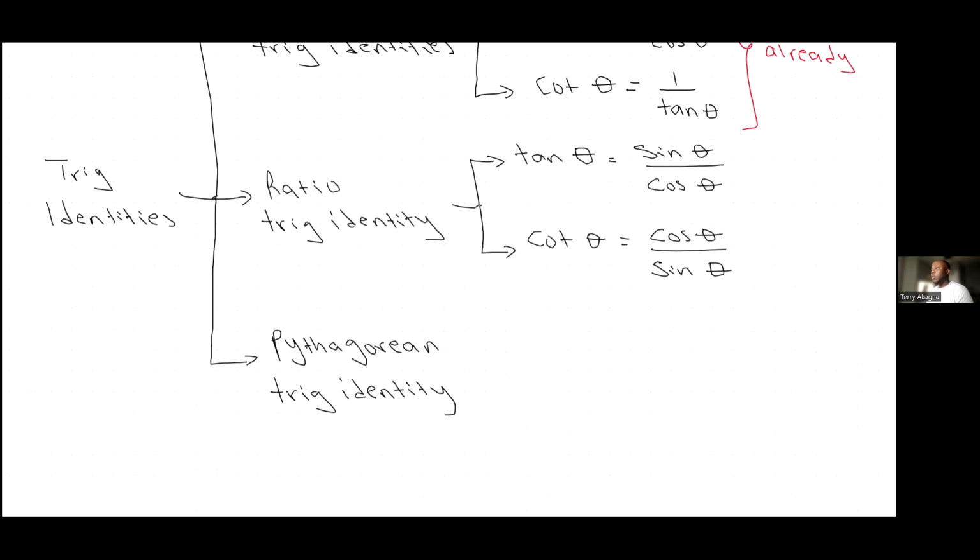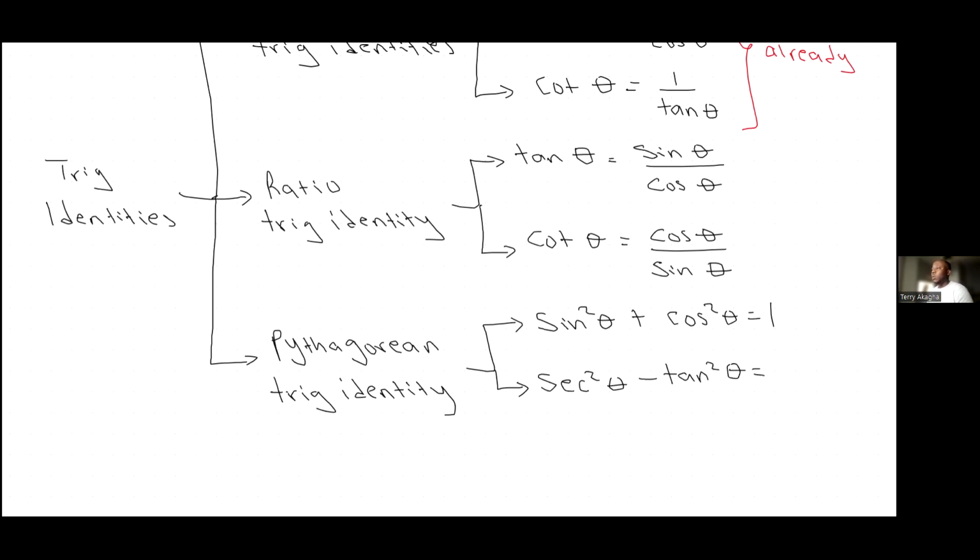Okay, so the first one I will talk about will be sine squared theta plus cos squared theta is equal to 1. And the other one I'll talk about is sec squared theta minus tan squared theta is equal to 1.